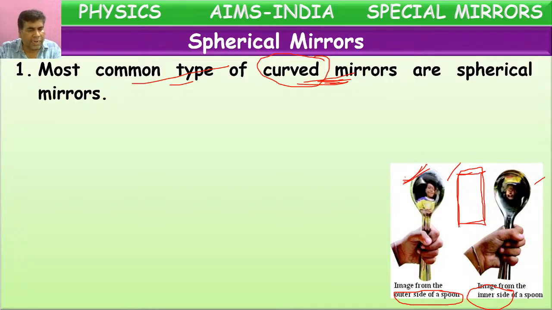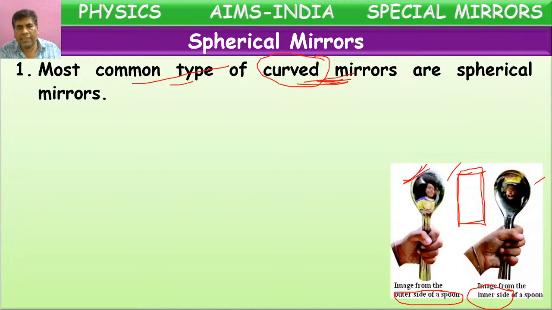The plane mirror is a flat surface, whereas the spoon has a somewhat curved surface, either bulging outwards or caved inwards. You can feel that just by touching.